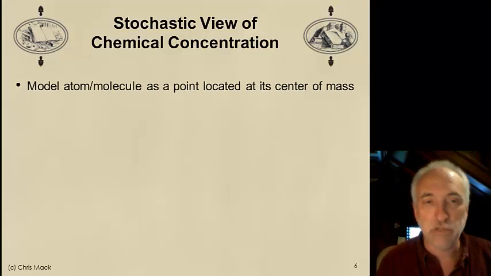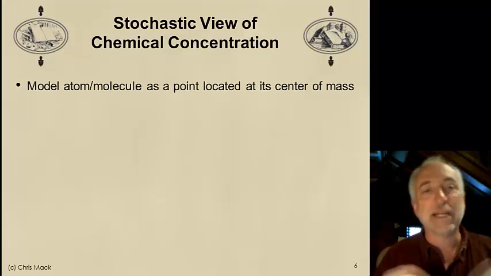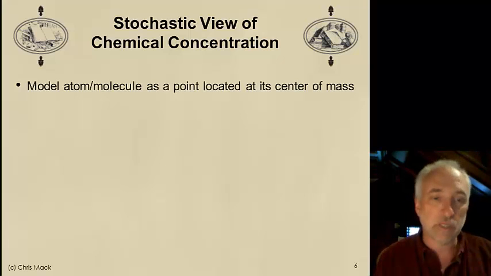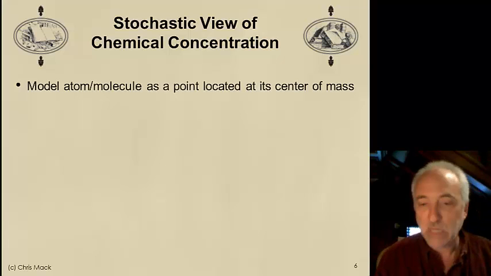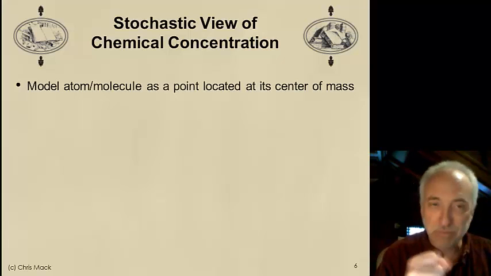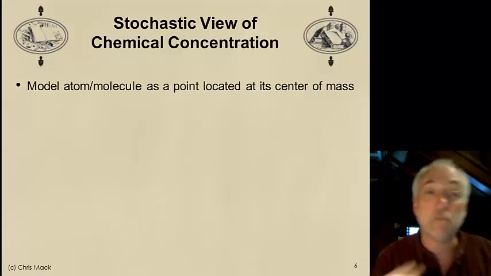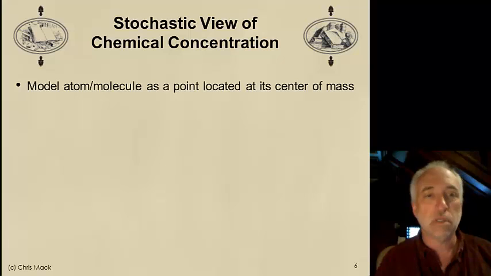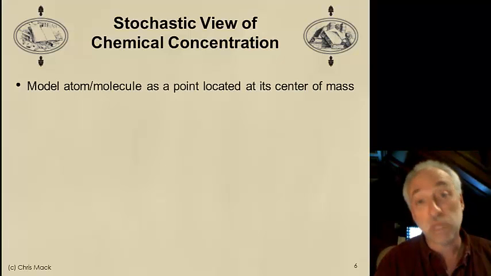They're not that close to each other. So I rarely have two atoms or molecules interfering with each other, where preventing one atom's location prevents another atom from occupying that same space. If I ignore that interaction, then I can model my atoms as being points.